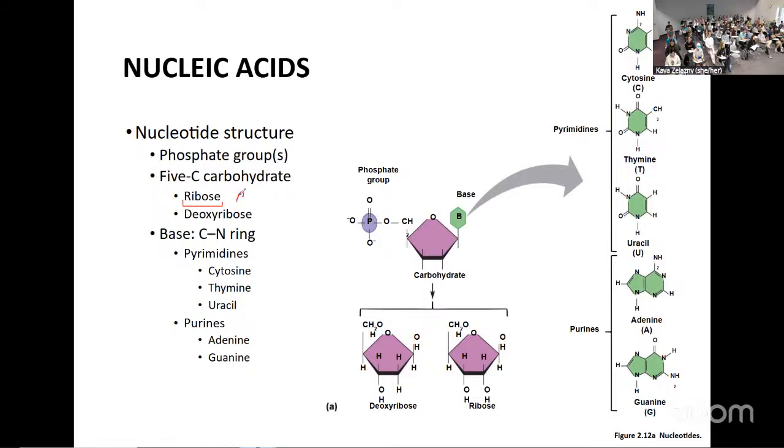So ribonucleic acid is what that stands for: ribose, plus it's a nucleic acid, it tells us in the name. DNA is made of deoxyribose, so deoxyribonucleic acid is what DNA stands for. We can see the difference in those two carbohydrates down below.